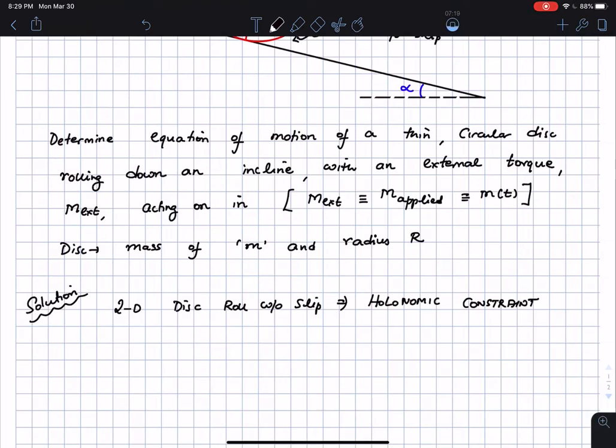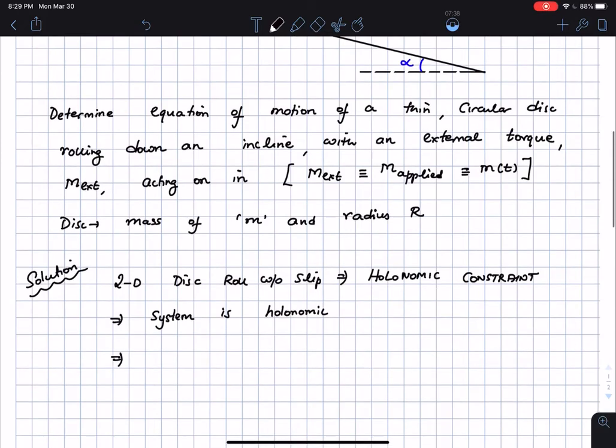Okay, and this is the only constraint, which means that the system is holonomic. This implies that one can come up with generalized coordinates to obtain the equation of motion.